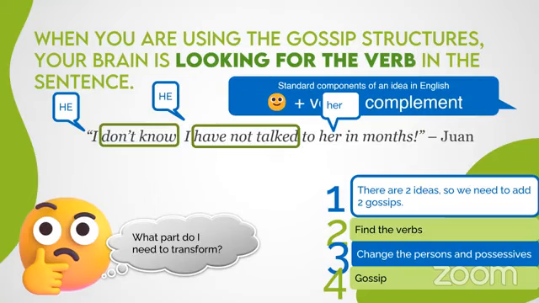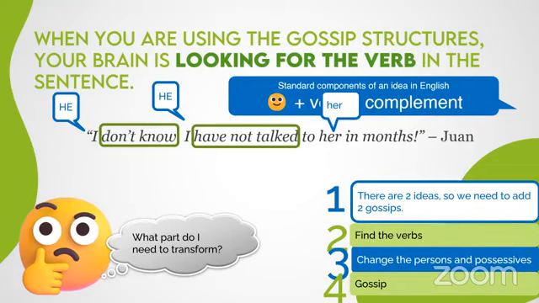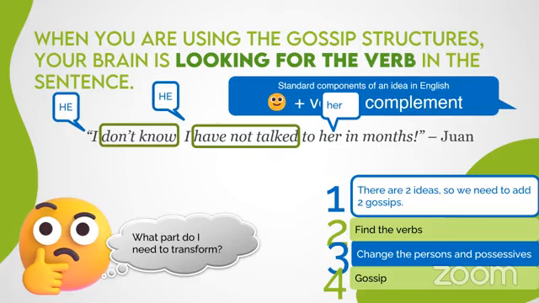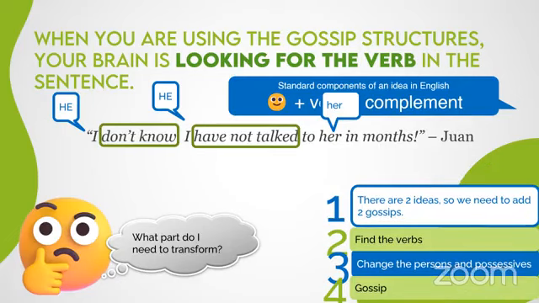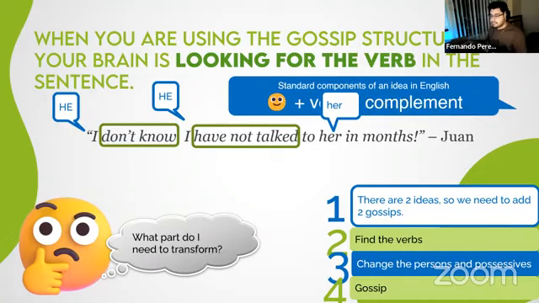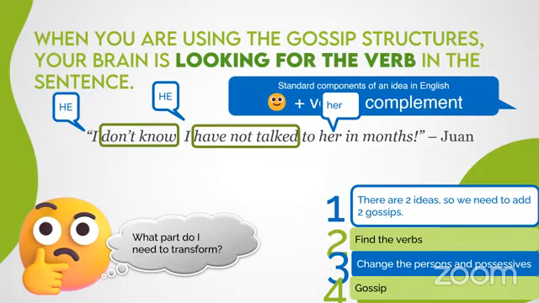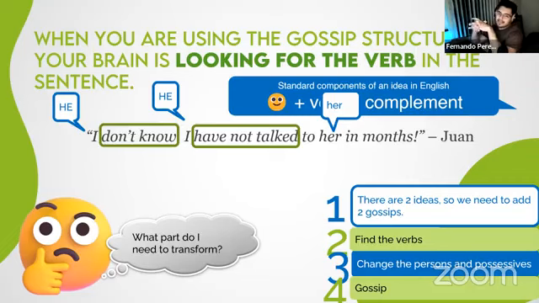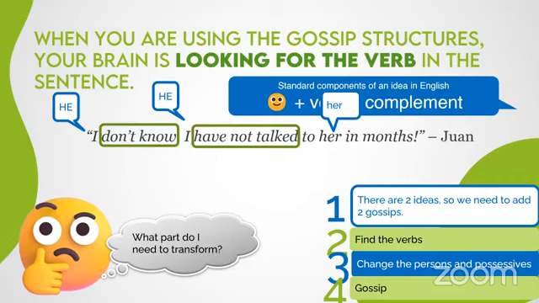He don't knew. He don't knew. Gossip. If we say the auxiliary is don't and is together with the verb, the auxiliary includes the past of the verb.